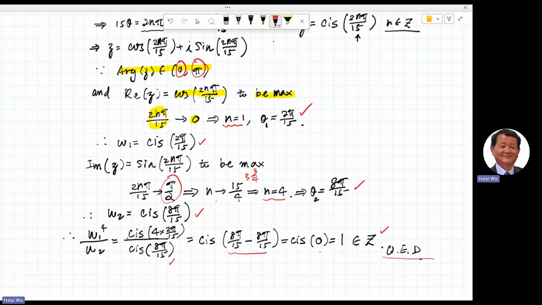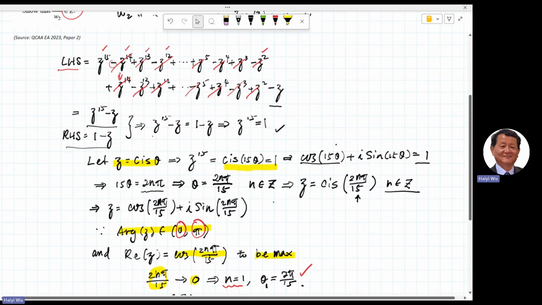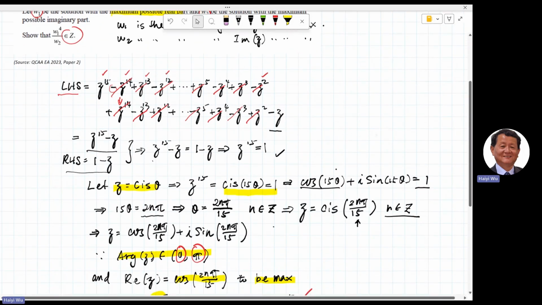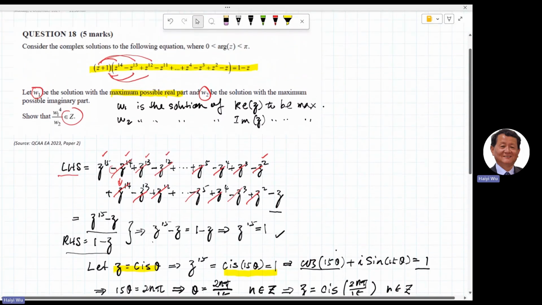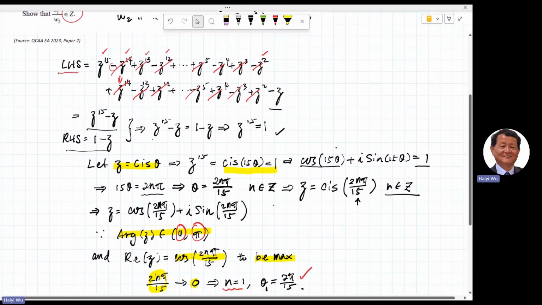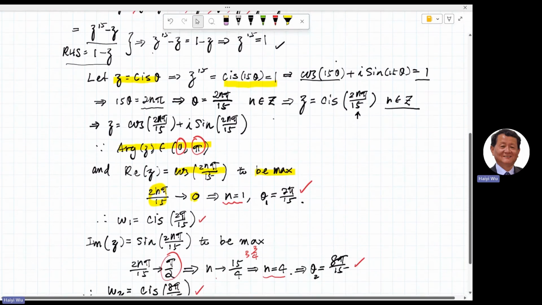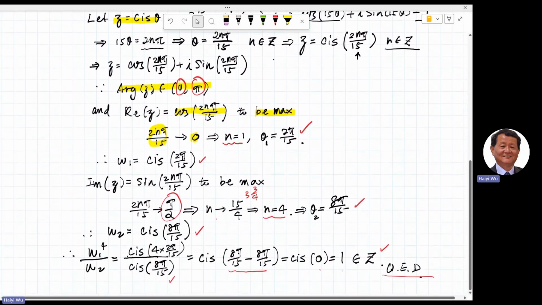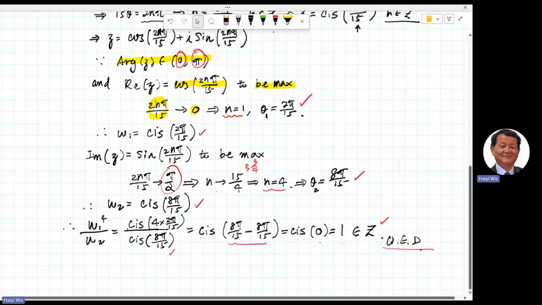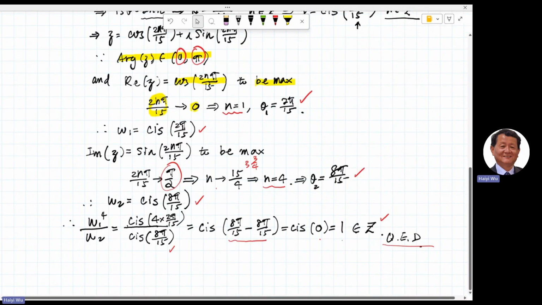So we proved it, QED. This is quite an interesting question, and it's not easy, because you have to expand the brackets as well as find the angles for W1 and W2 so that you can use de Moivre's theorem to find the final answer.